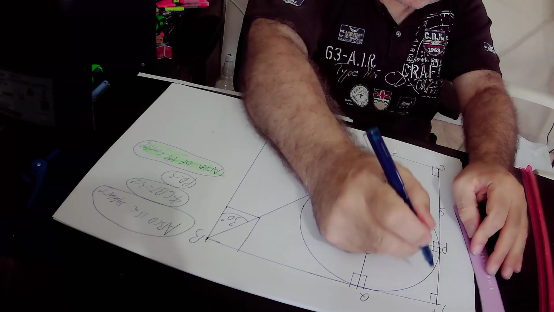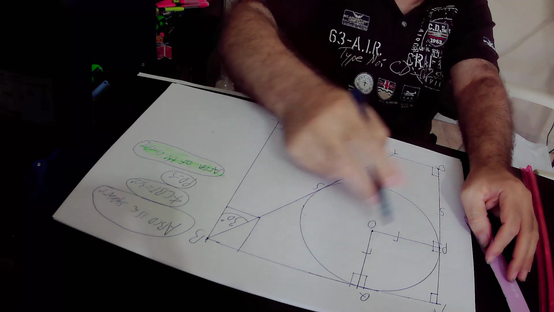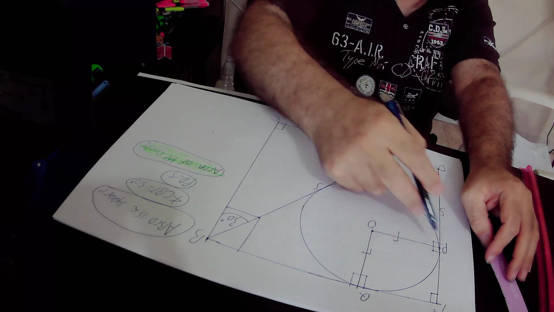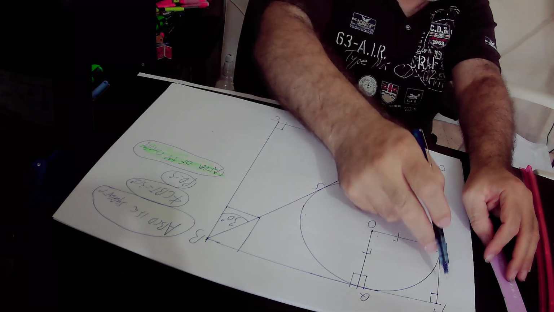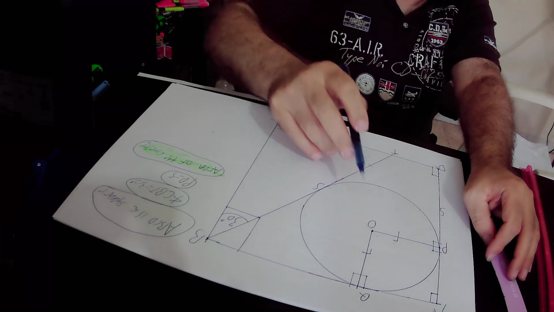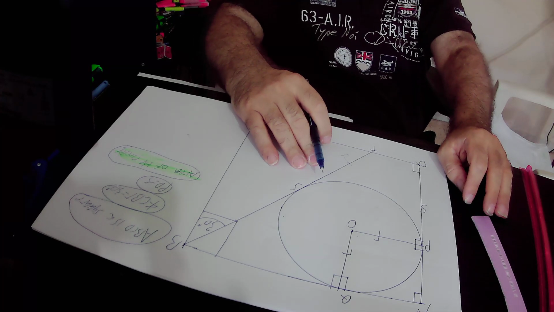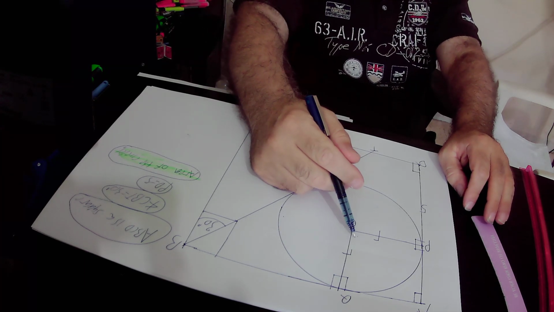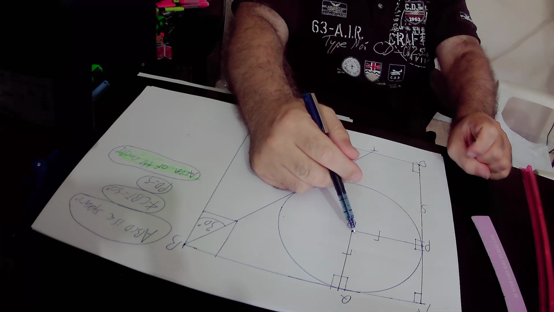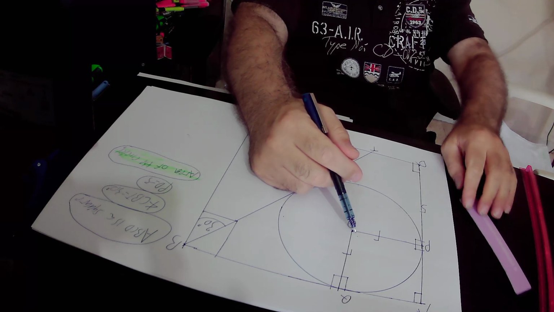So actually inside quadrilateral AQPO we have 1, 2, 3 right angles. The sum of 3 right angles is 270 degrees, plus the size of this fourth angle. In total they must be equal to 360 degrees.